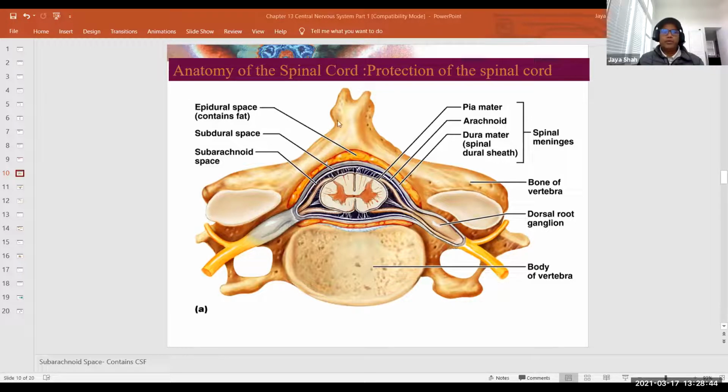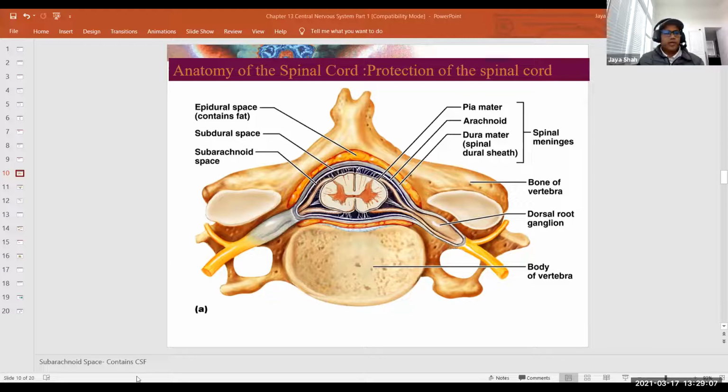Subdural, epidural. Now, the space between the arachnoid mater and pia mater, which is the most spacious, larger space, is called the subarachnoid space.